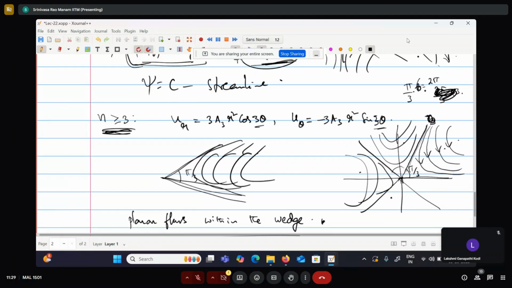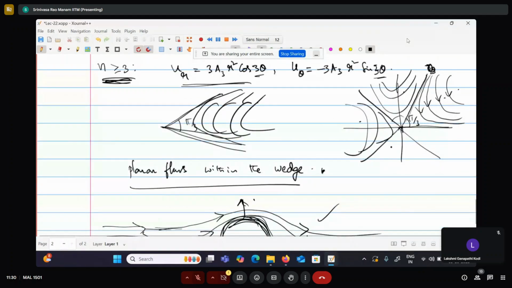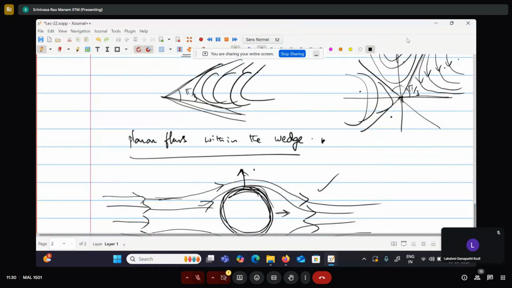For example, if you look at only the first quadrant, you take n equal to 3 and between the angles pi by 3, you will have a similar flow. Okay. So you can do that by the way I explained. Whichever method you follow, you will see that these are all extensional flows. Okay. Shall I leave it here?